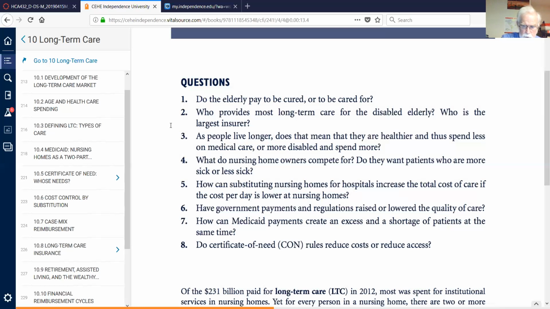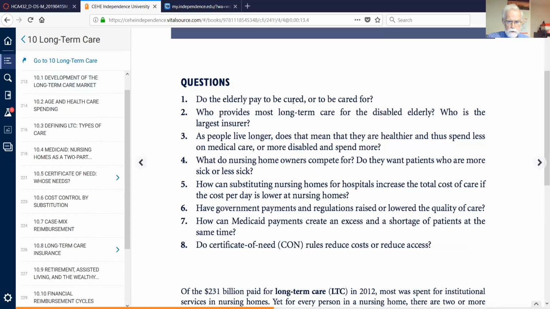So we have an excess in terms of lack of beds and a shortage in terms of not having patients that are amenable to being in a long-term care situation.